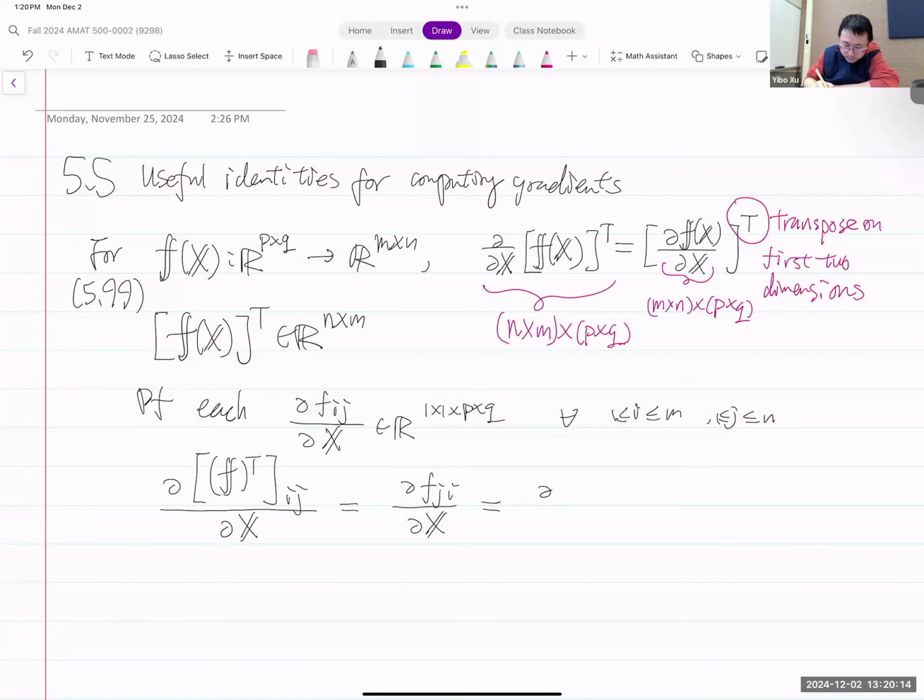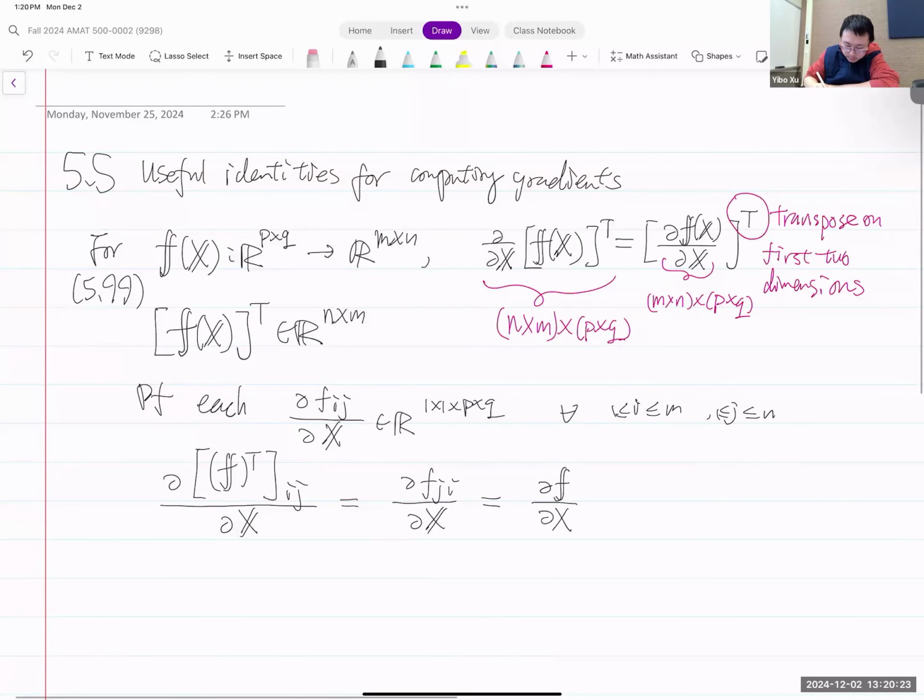If you think about this, this is the tensor right here. I've swapped the first two coordinates, and then I go ij for the first two indices, and then colon to run through the third and fourth dimensions.